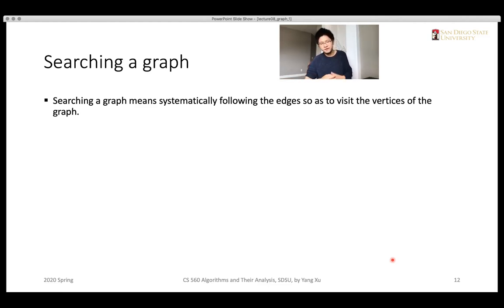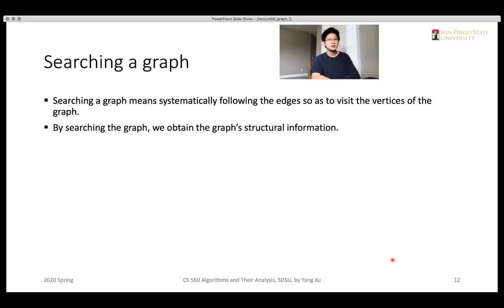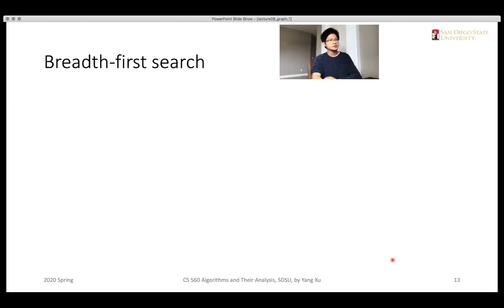We want to follow some rules in order to go through all the vertices and follow all the edges. By searching the graph, we can obtain information that is useful to understand the graph's structure. So it is basically the heart of a lot of other graph algorithms. Okay, so we'll talk about breadth first and depth first.